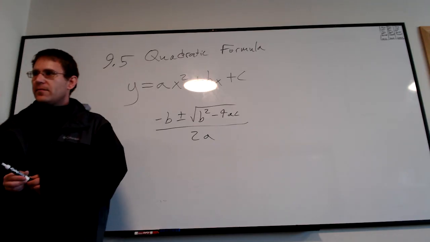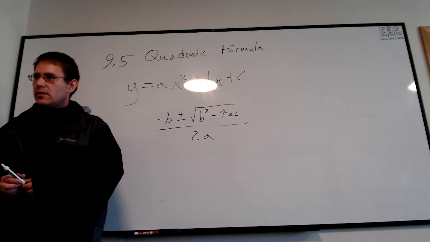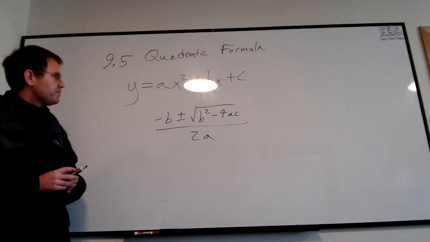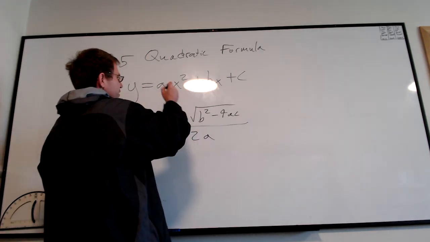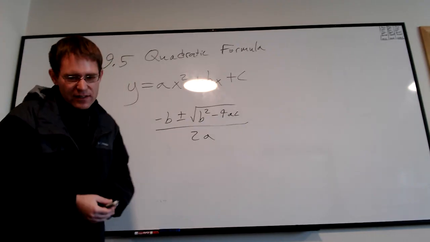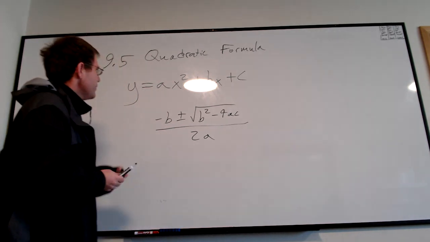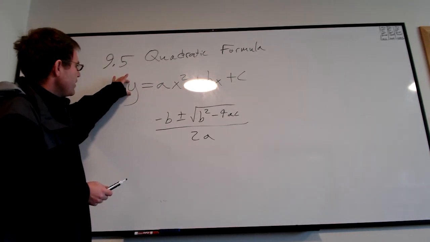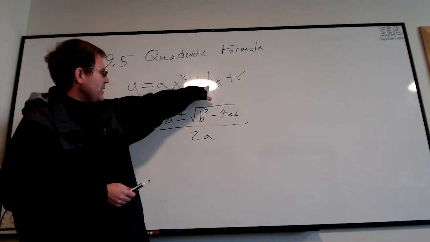So whenever in the quadratic formula, does the b always have to be a positive to make it work? Yeah, so this works with all values of a, b, and c. I believe so. As long as the y value you're setting equal to 0, you could have a negative b.